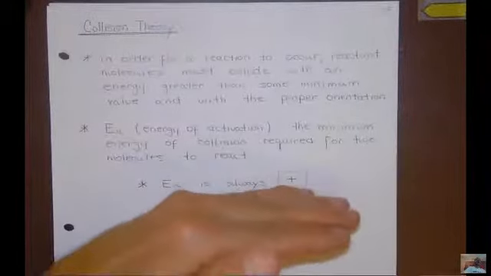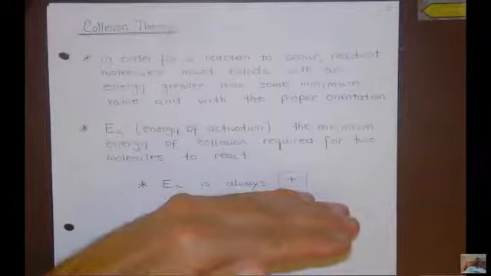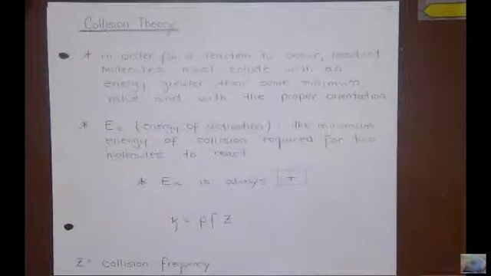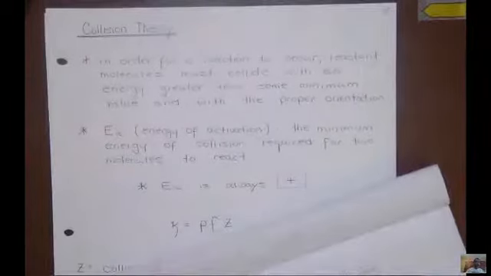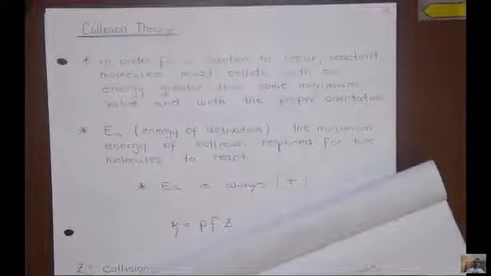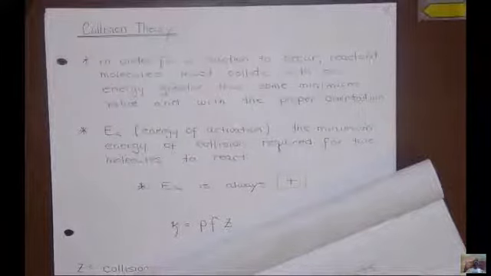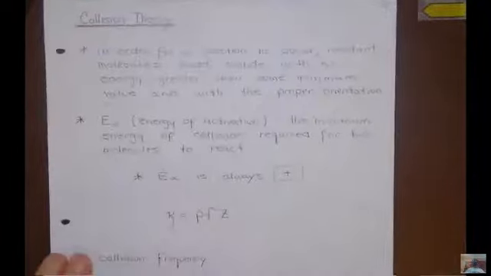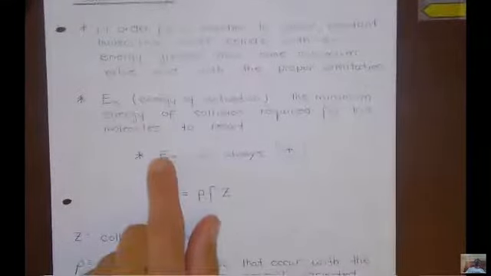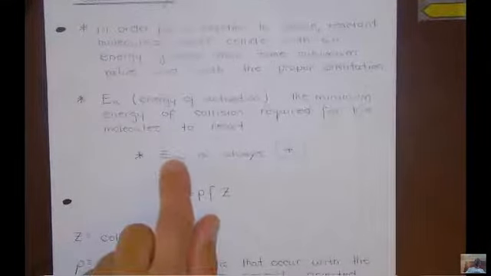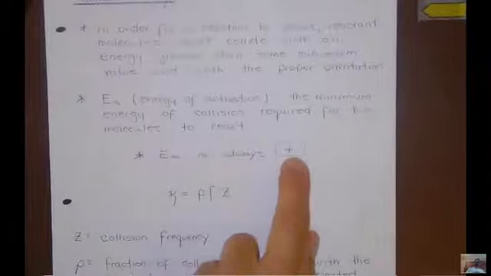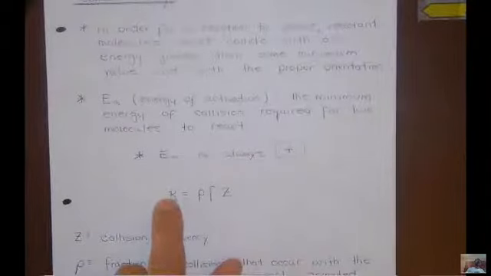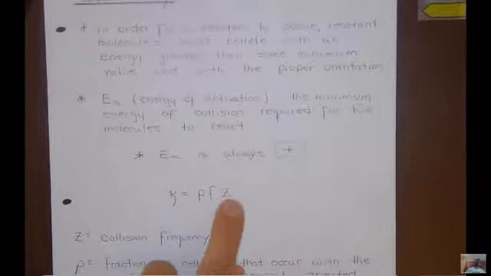Okay? If you've seen energy diagrams already, the energy of activation is the hill that you have to go over in order for the molecules to react. Actually, let me finish with this, and then we'll end with that little review, because I think you already know that. So the energy of activation is always positive, and we know that the rate constant is equal to these three factors.